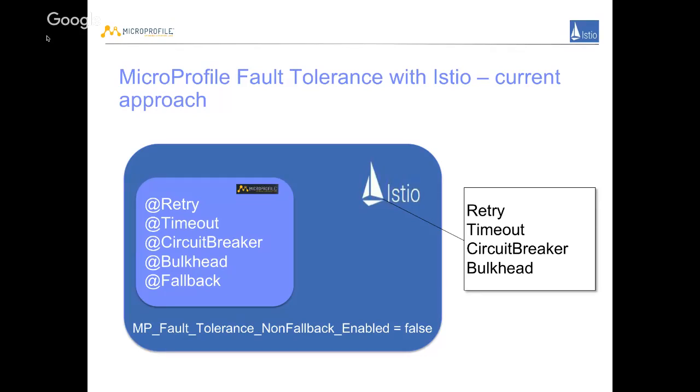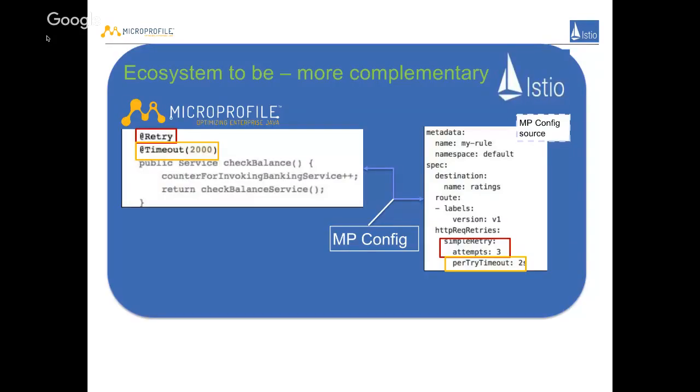So retry, timeout, circuit breaker, and bulkhead will automatically be switched off except fallback. This achieves a kind of ecosystem, using MicroProfile fallback together with Istio service fault tolerance.